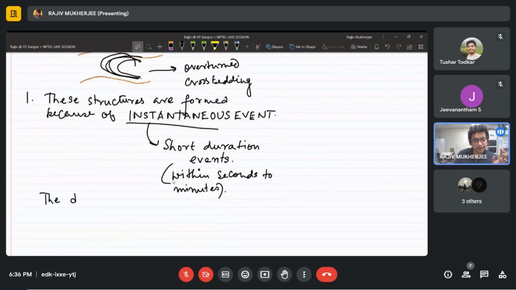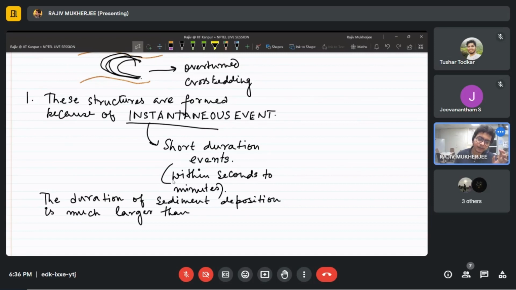that the duration of sediment deposition is much larger than the duration of external disturbance, right?